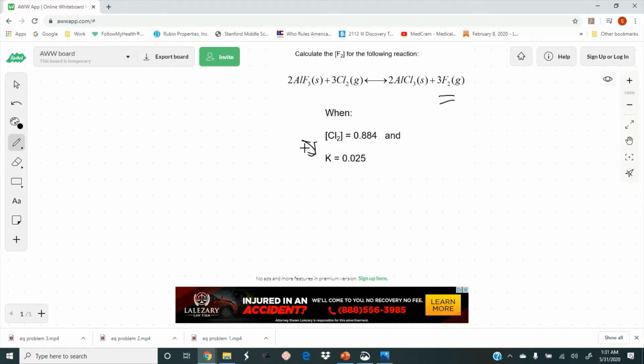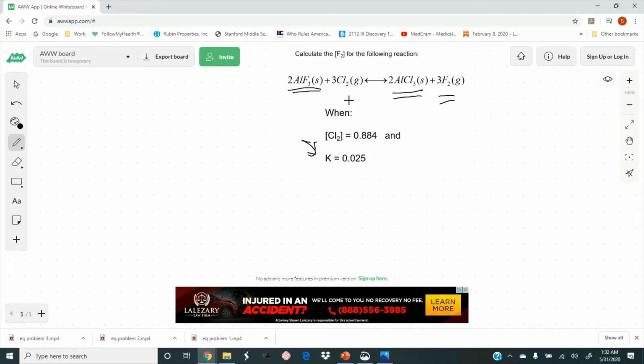So let's go ahead and do this problem. We did the law of mass action earlier for this, and we can do it again. Once again, you'll notice that there is a solid here and a solid here, and solids and liquids we do not include in our law of mass action. We ignore them. We plug in 1s for them, and when you multiply 1 by anything, it's the same thing.